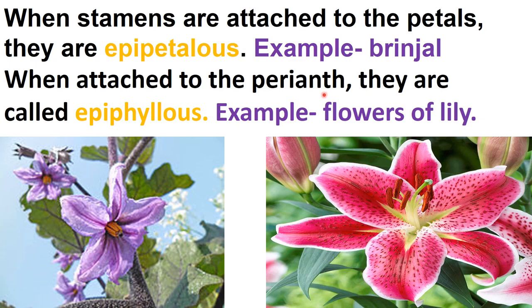So when the stamens are attached with the perianth, that condition is called epiphyllous. I gave you the example of the lily flower for the perianth condition also, right? See here in the lily flower, stamens are attached with the perianth, so such a condition is called epiphyllous.